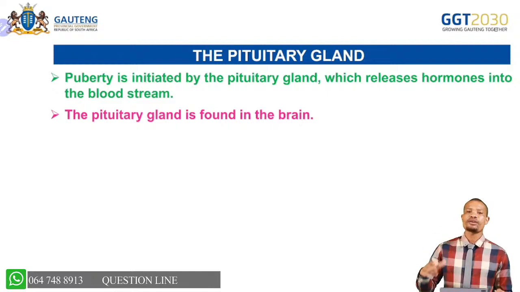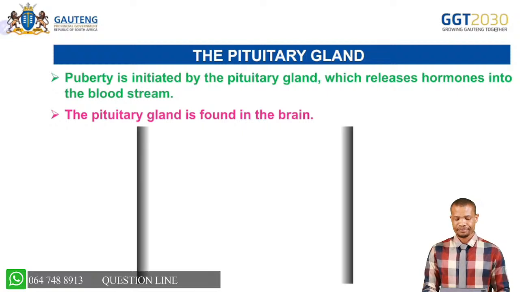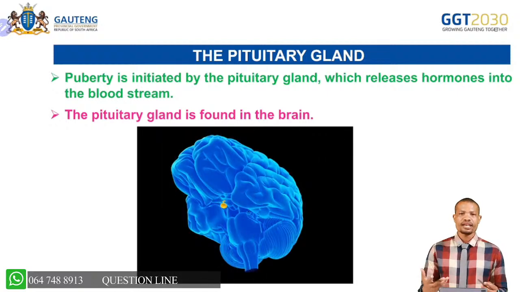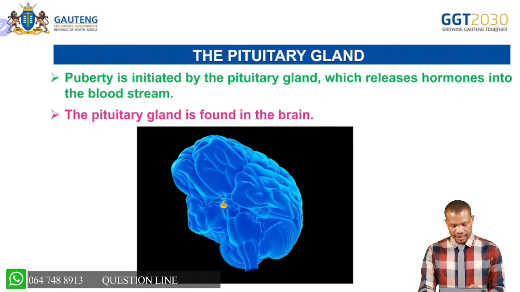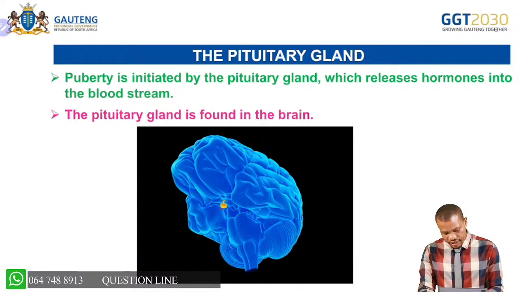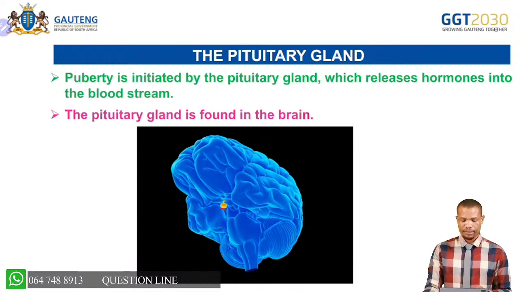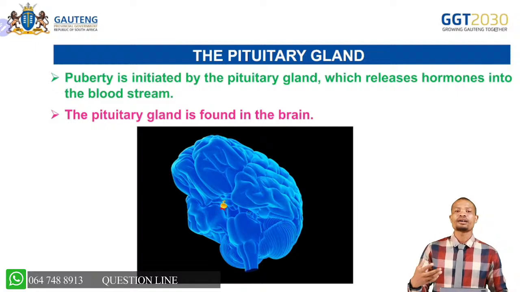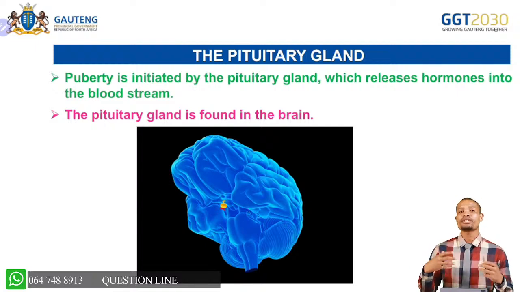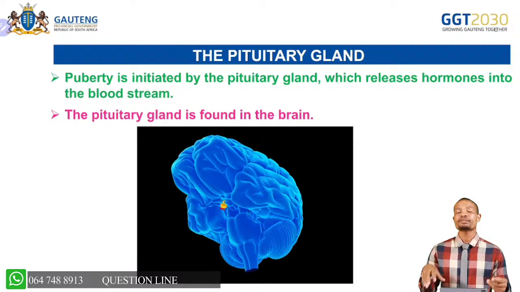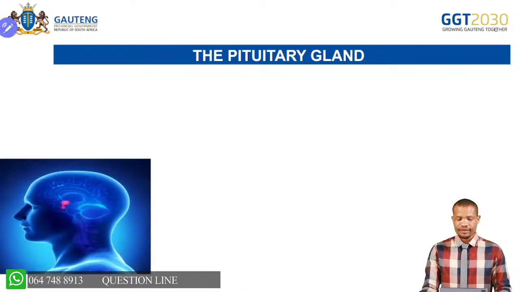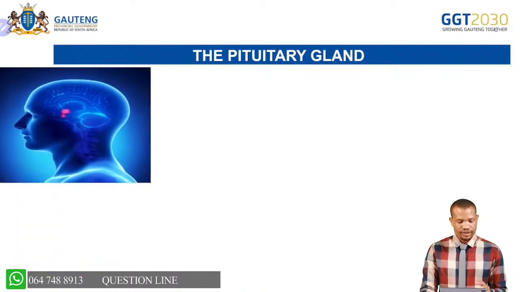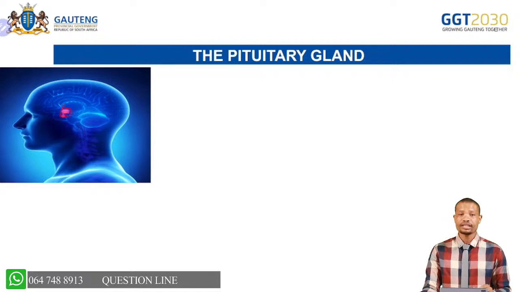Okay, let's continue. So the pituitary gland is found in the brain. It's at the bottom of the brain. And this is an illustration showing the pituitary gland. It's located there just under your brain. It is this gland that is responsible for releasing hormones into the bloodstream that trigger the sexual organs to start producing hormones for puberty. Right. So there you can see the pituitary gland just below the brain.